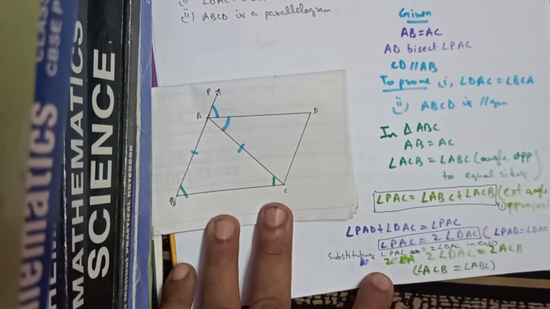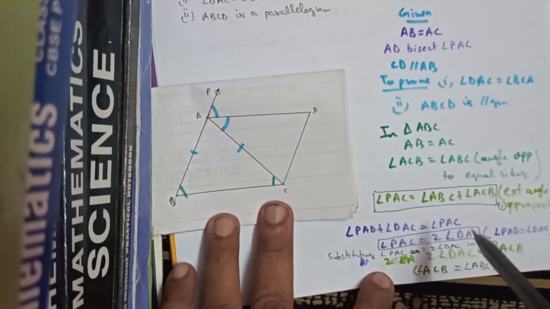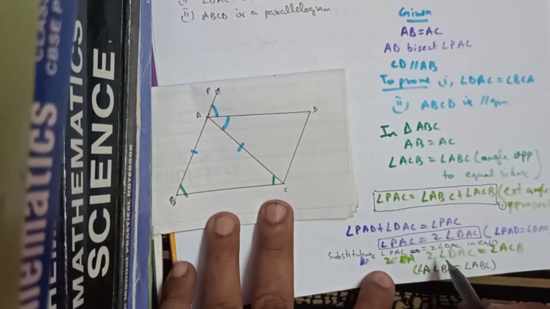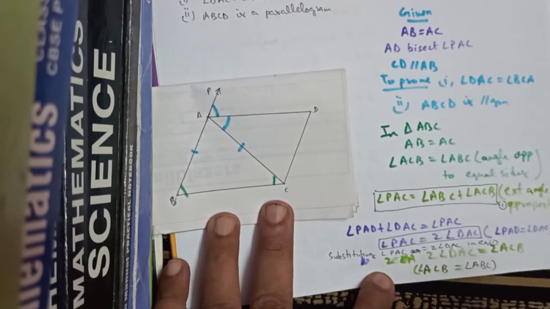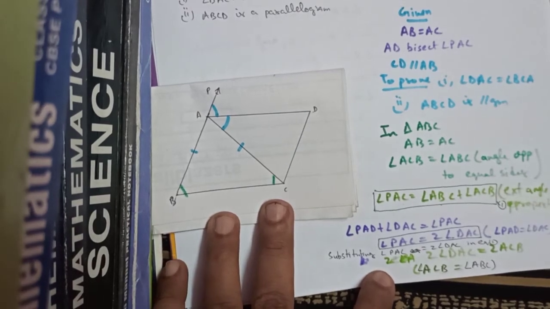In the first equation we substitute, and when we substitute it, we get PAC can be written as 2 times DAC equals 2 times ABC plus 2 times ACB. Just wait a second, I will write it once again.